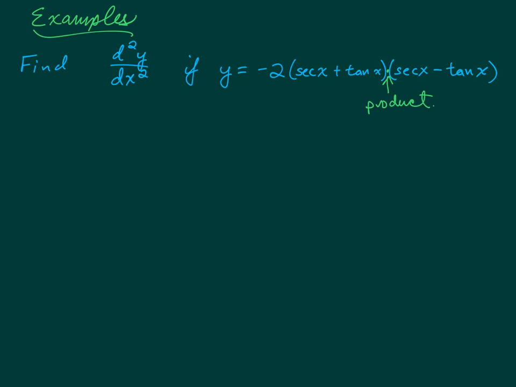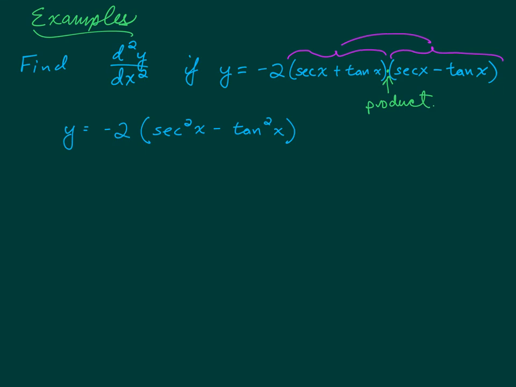But in this case, it would be much better if you multiplied these two factors together and got that y equals -2 times secant squared x minus tangent squared x.